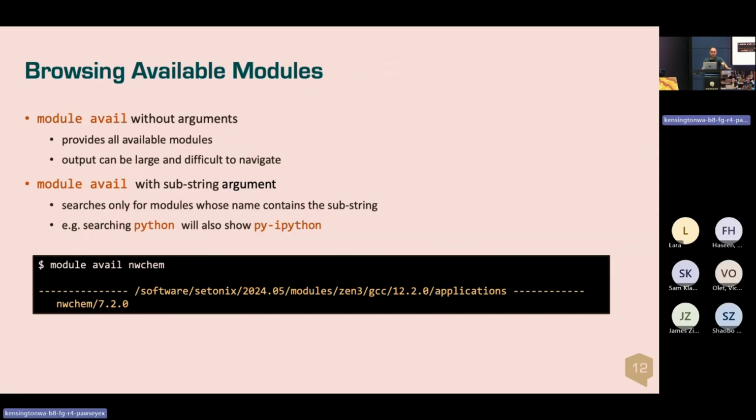So, for instance, if you know you're going to use the software NWChem, and you want to see whether that is installed on the system, then you can simply type module avail nwchem, and it shows all the NWChem modules and versions available. In this example, we have just one module available, one version, and people can use that module to then use the software. You can search for Python or other packages you might be interested in.